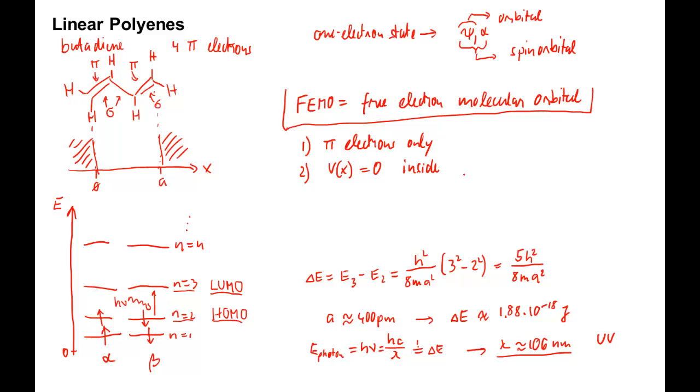In reality, there are periodically spaced, positively charged carbon nuclei, so that the negative electrons experience different Coulombic attraction depending on their position. The third approximation was that we assumed that the walls of the box are infinitely high, essentially at V of x equals plus infinity outside of the box. Again, this is an oversimplification. It's not the case in reality.